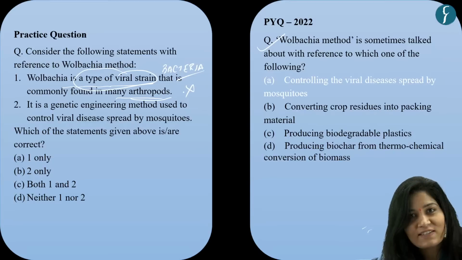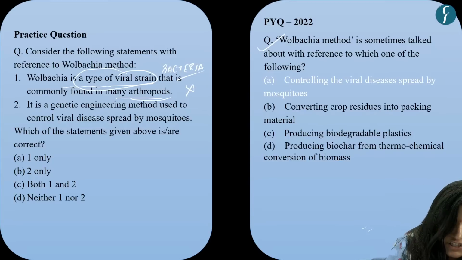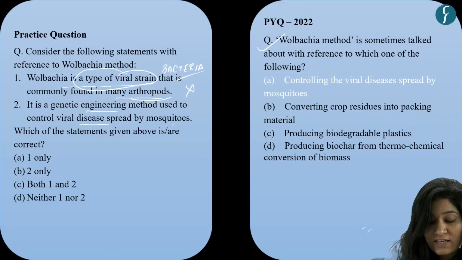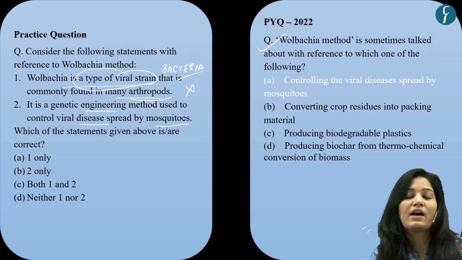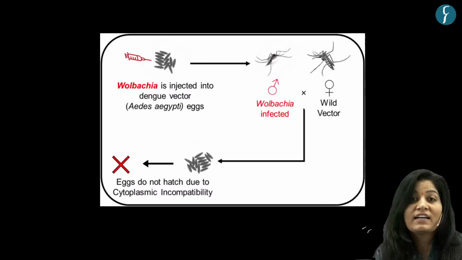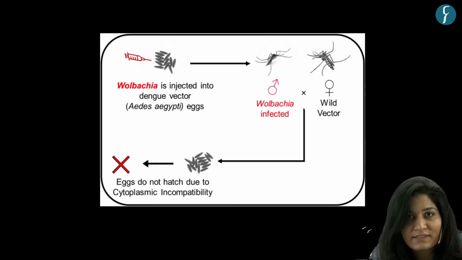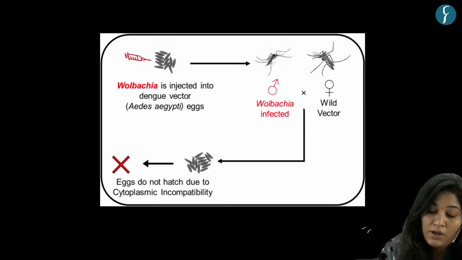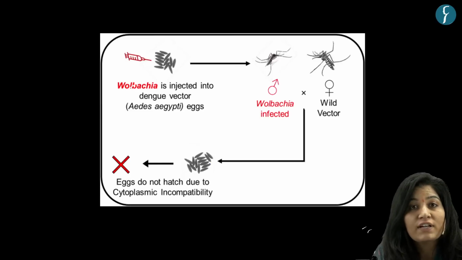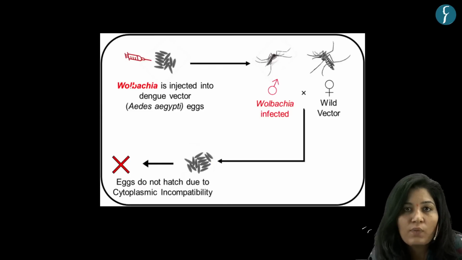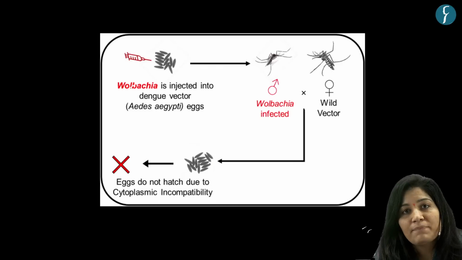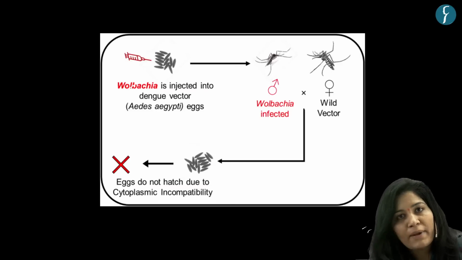Now let's come to the second statement. It is a genetic engineering method used to control viral disease spread by mosquitoes. Now, it is not a genetic engineering method. It is a biological method. Basically, Wolbachia is a naturally occurring bacteria. So what will happen? Wolbachia bacteria is injected in male mosquitoes.